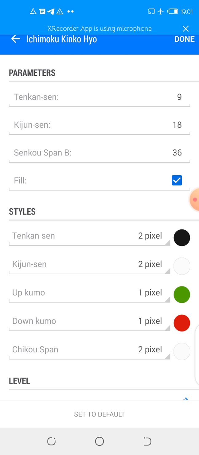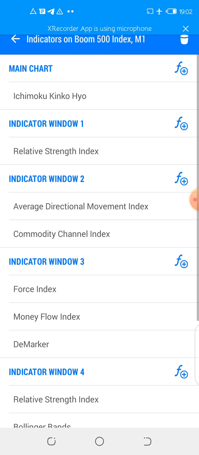Make sure these three are the ones that are showing. The green one is up, the red one is down, and then the Tenkan-sen is our moving average 9. Make sure only the filling is visible, and then the moving average 9.